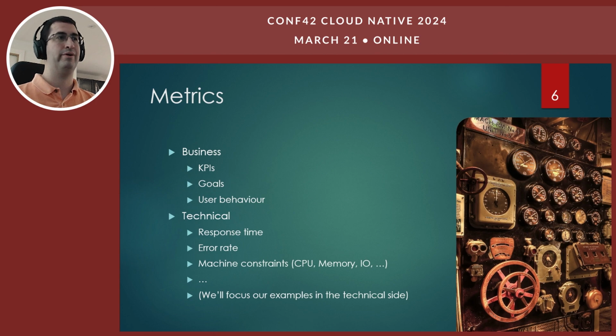So we are talking about response time, we are talking about error rate, machine constraints like CPU, memory, I/O, network, things like that. And for this presentation, we'll be focusing more on the technical examples, but it's valid for all of them. So you can set up dashboards and alerts that affect both.